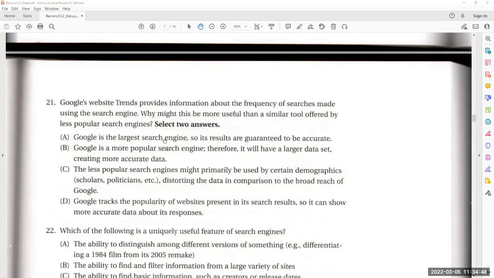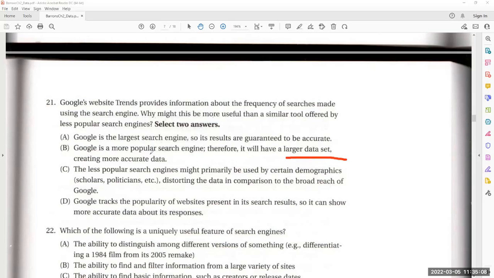Google is the largest search engine, so the answer is guaranteed to be more accurate. Can you say that? No. B, Google is a more popular search engine, therefore it has a larger data set. Yes, it has a larger data set.